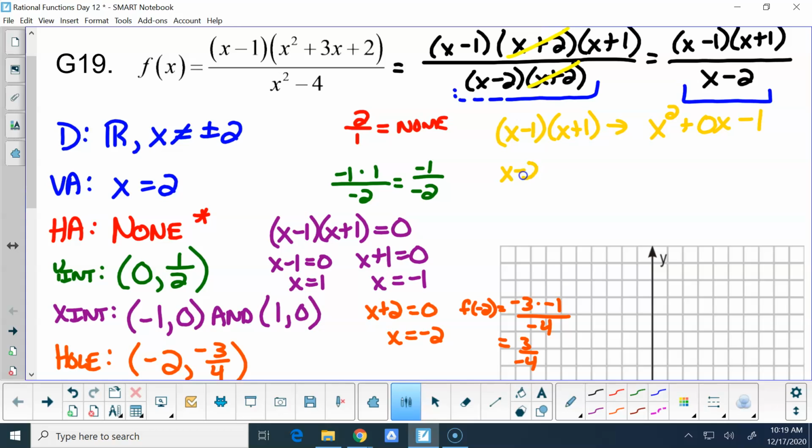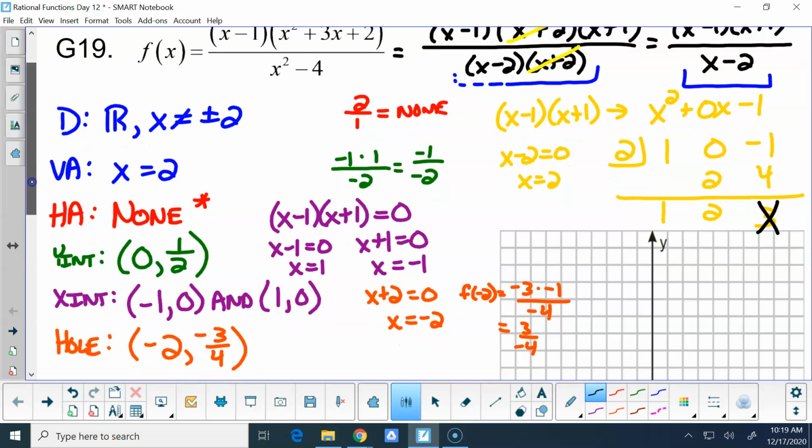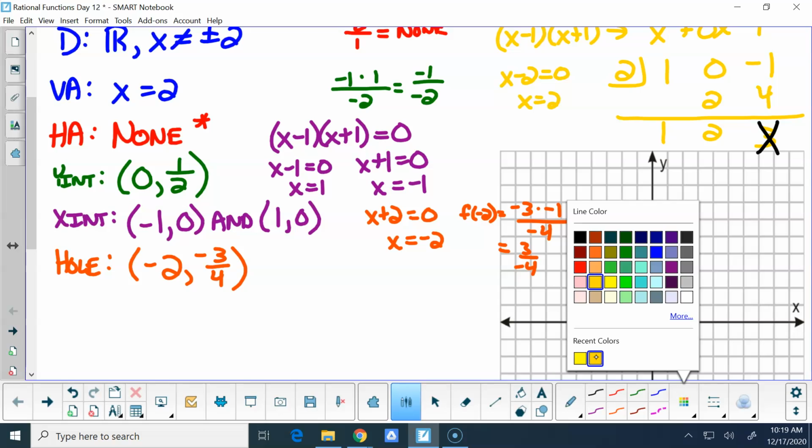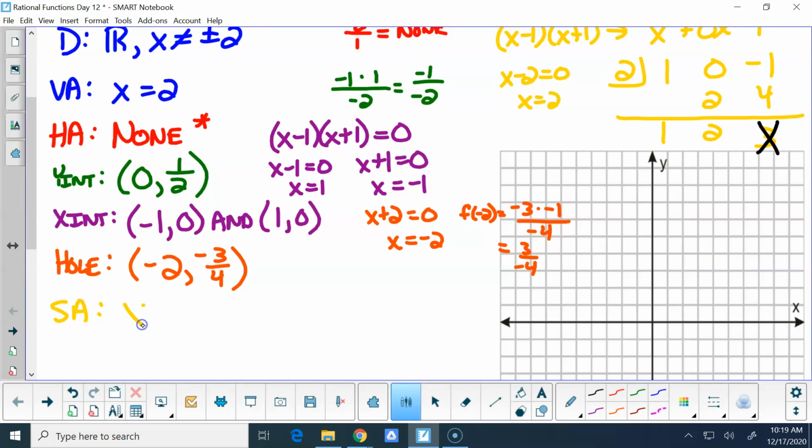So I could go x minus 2 equals 0, gives me x equals 2, 1, 0, and negative 1, 1, 2, 3, drop the remainder, so that gives me a slant asymptote here of y equals x plus 2. All right.